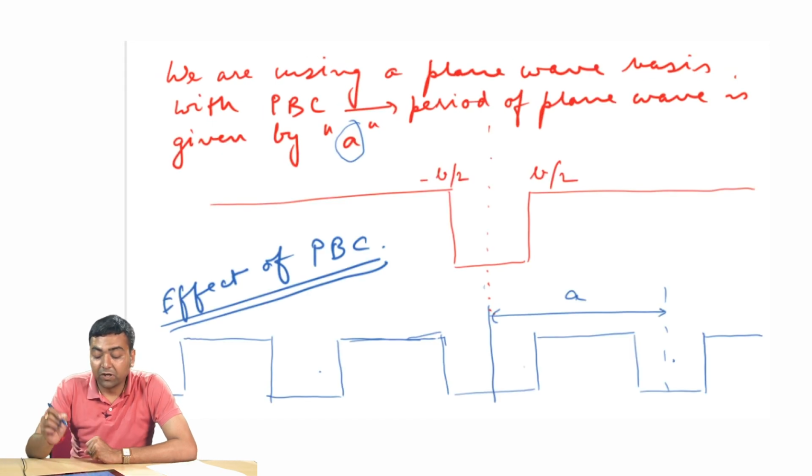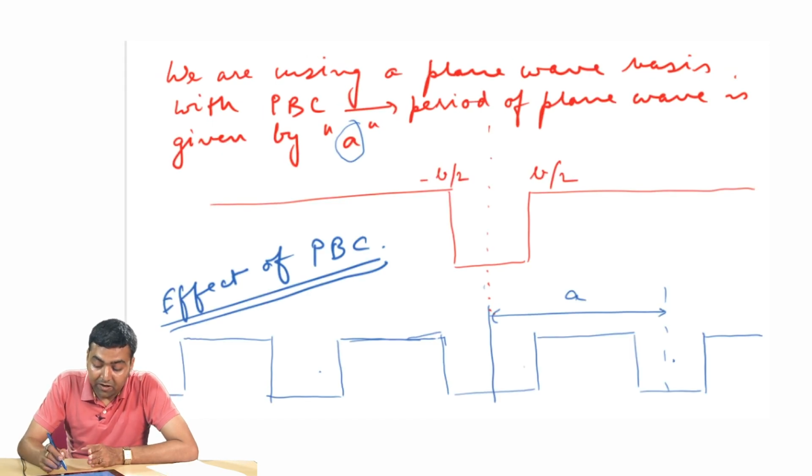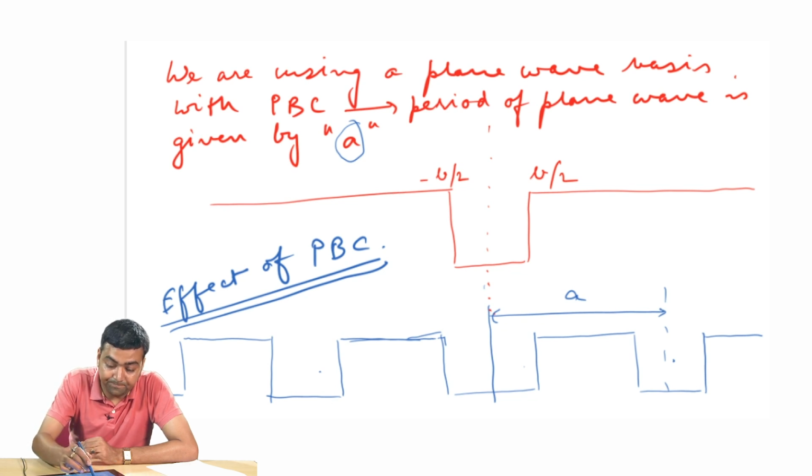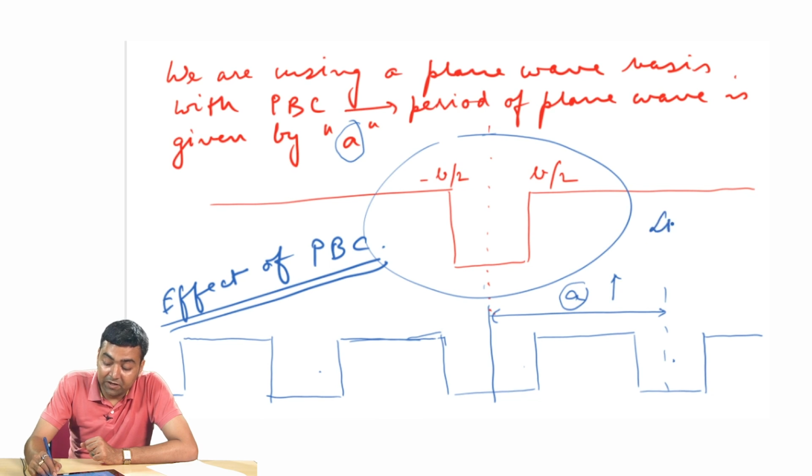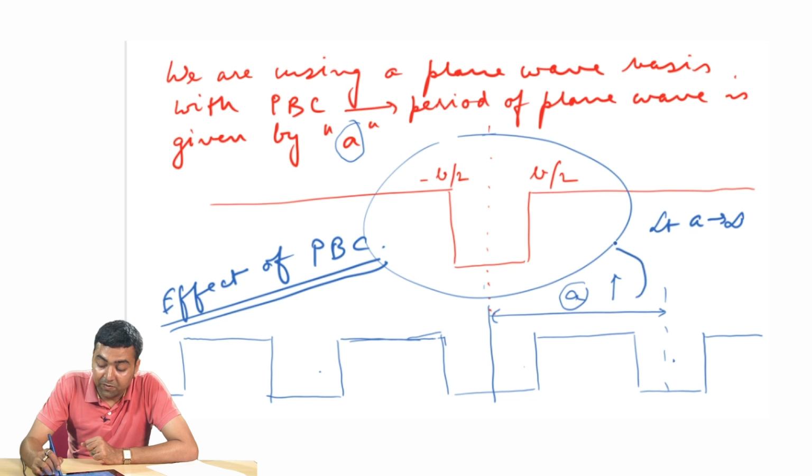The reason it is important to do this is to get the correct physical picture of the problem, that is, the correct solutions to the wave function for this particular potential. What we should do is start with a value of A and then gradually increase A, and only in the limit A tends to infinity will this go to my actual solution.